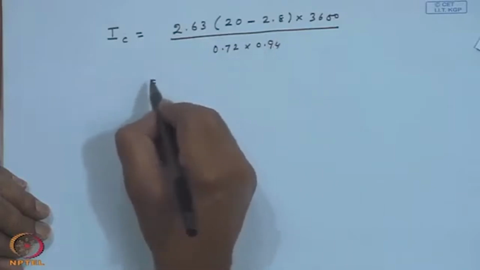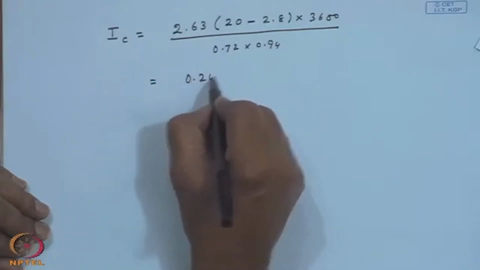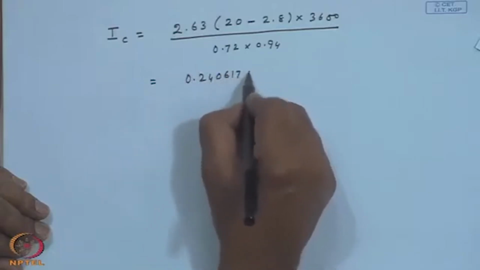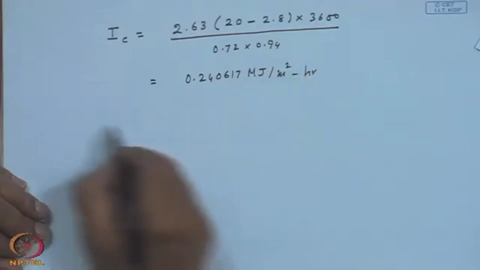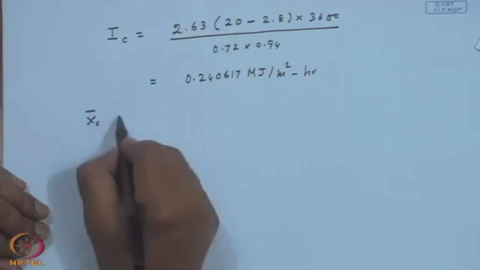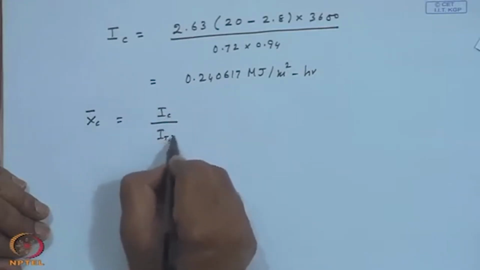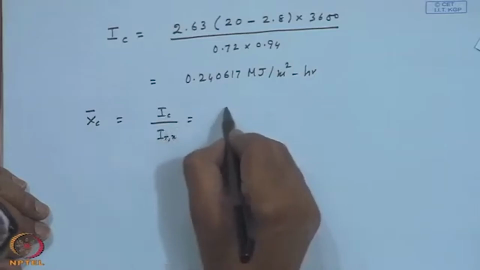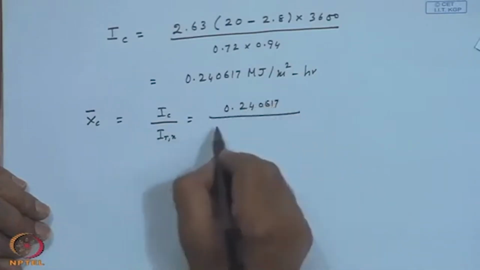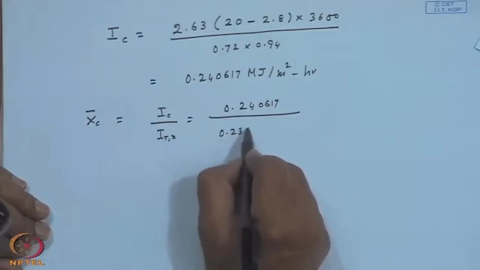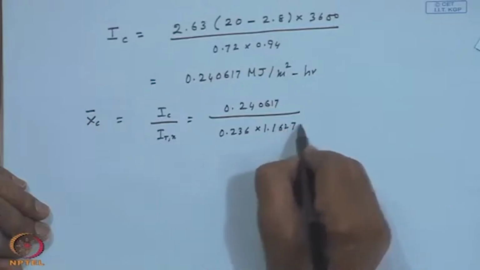So, this will be equal to 0.240617 megajoules per meter squared hour. The non-dimensional critical level will be I c by I t n, which will be 0.240617 by R t n R n into h bar.